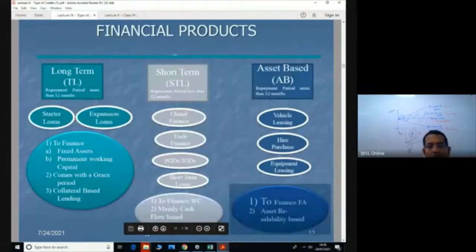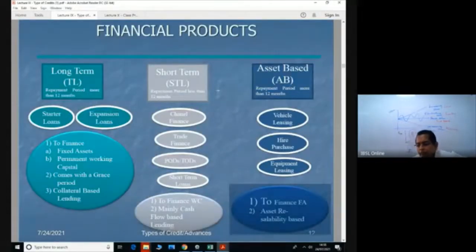Then we will go to short term. Short term facilities, we have different types. Whatever the type is, our repayment needs to happen within a 12 months period. We use the working capital cycle to decide the period for short-term facilities.